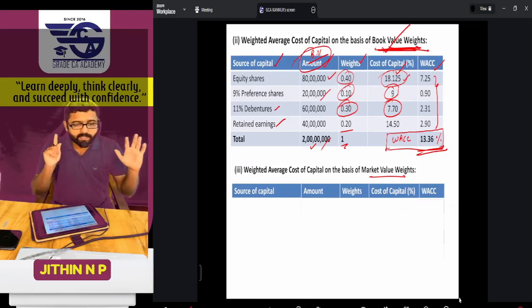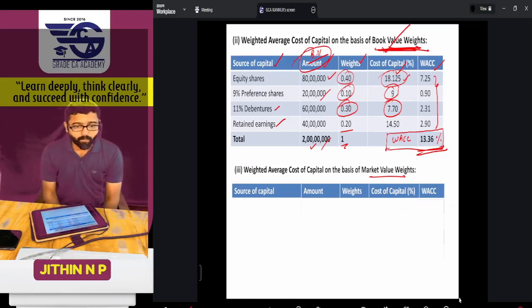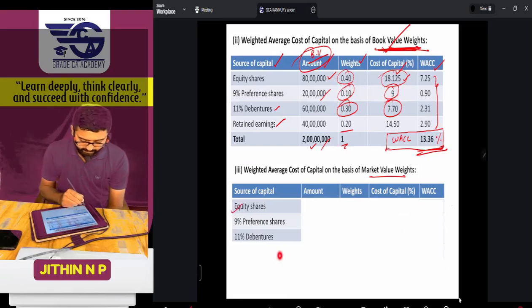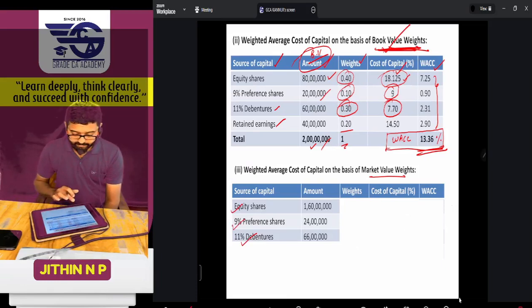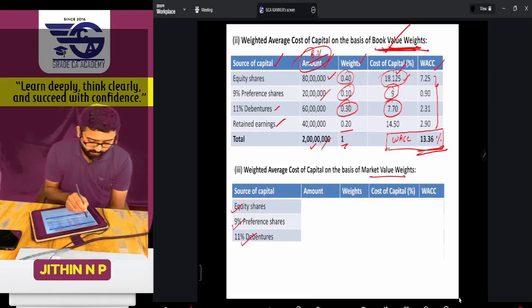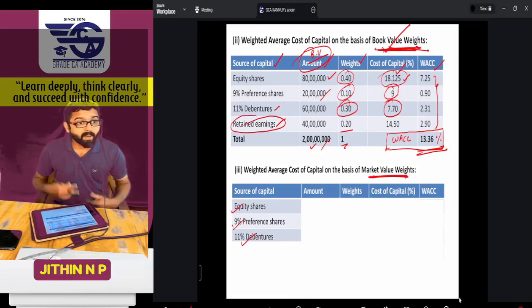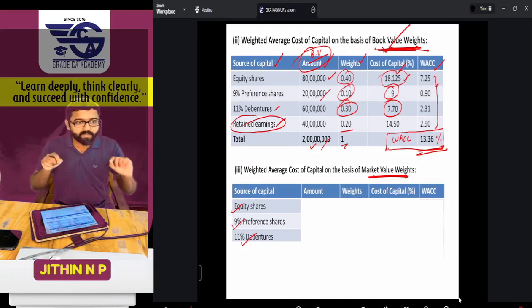Listen here. One more point you should remember. The sources of capital are equity share capital, 9% preference share capital, and debentures. Retained earnings is not considered as a source of capital under market value weights, because market value includes retained earnings.